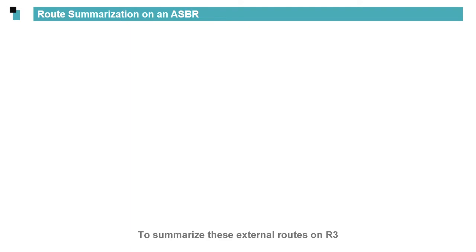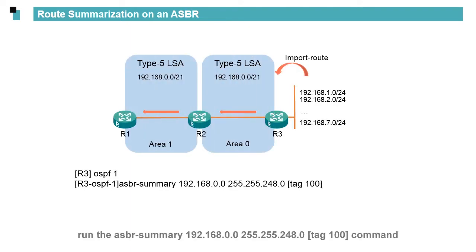To summarize these external routes on R3, run the ASBR summary 192.168.0.0 255.255.248.0 tag 100 command, in which 192.168.0.0 and 255.255.248.0 are the calculated IP address and mask of the summary route, respectively.